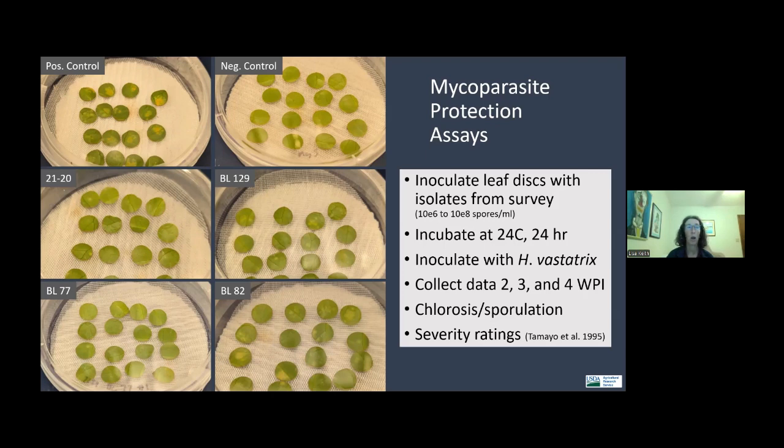BL82 on the bottom right had a lower incidence and severity and very little spore production. And with these other 3 isolates there was no spore production. So maybe some chlorotic spots were produced on some of the discs, but no spore production. So there would not be any additional disease outbreaks if this were applied.